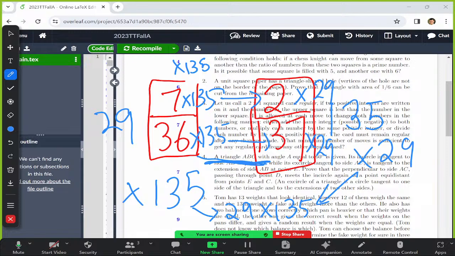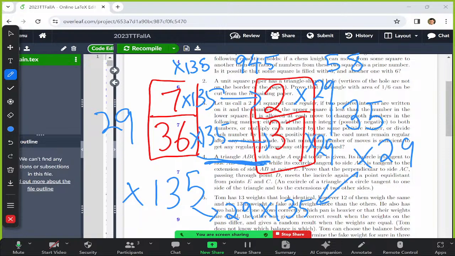So what am I claiming here? What's 7 times 135? 945. That's pretty good. And what's 2 times 29? 58. Okay, so what's 945 minus 58? 887.